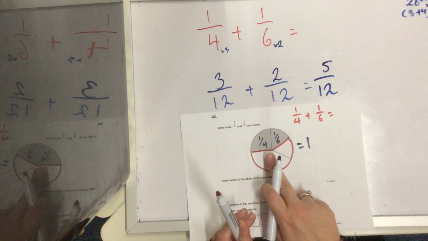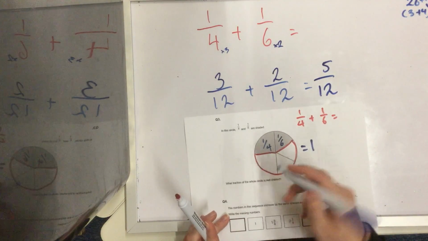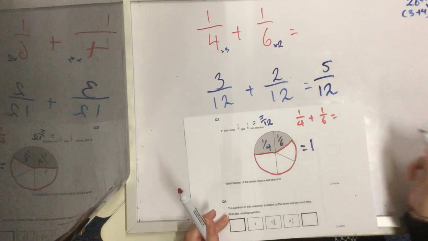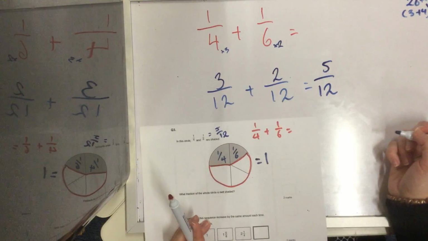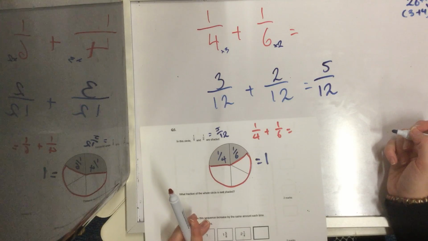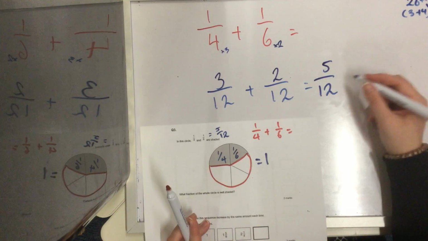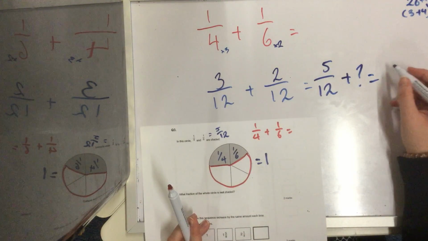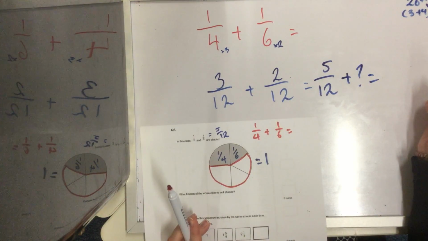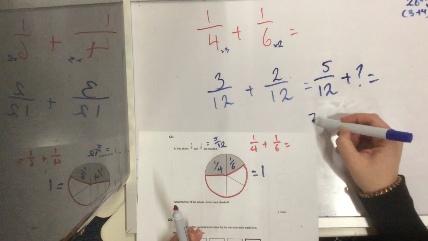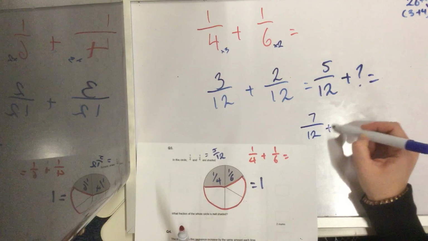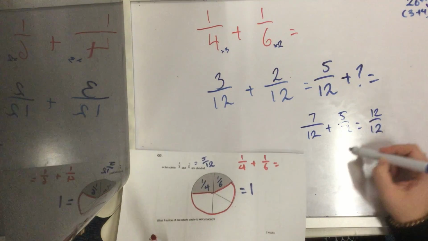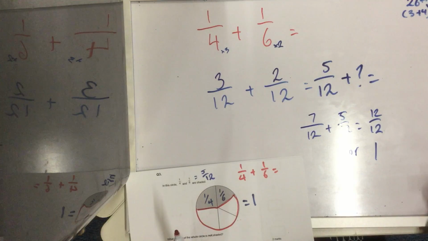So both of these, the shaded area, add up to 5/12. And we need to know what's going to be left over. So what would you have to add to this to give you 12/12 or 1? Well, I know that 7/12 plus 5/12 would give you 12/12, or 1.